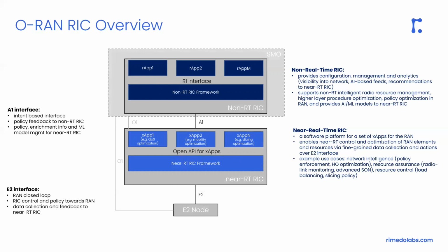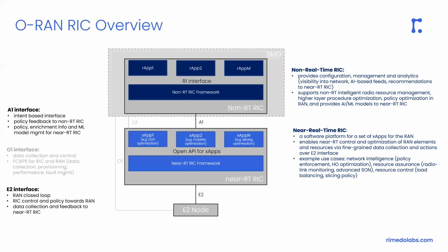Near real-time RIC is, similar to the non-real-time RIC, equipped with or associated with a single interface for the control, that is the E2 interface, that basically allows to individually control the RAN functions through the xApps. What that exactly means, we'll speak about in a second.